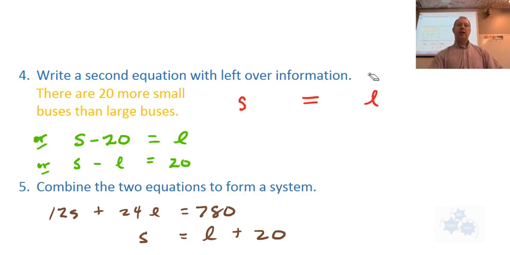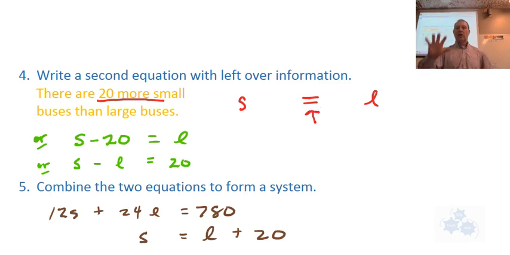Put the S on one side, L on the other side of the equation. And if it's just a simple difference thing, or one is more than the other, then what you have to do is figure out which side of the equation this would go on. 20 more, okay? So something is going to be either plus 20 or minus 20 to make them equal. So again, here's an equation.